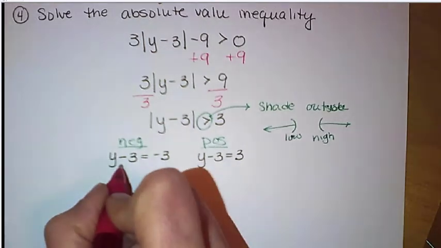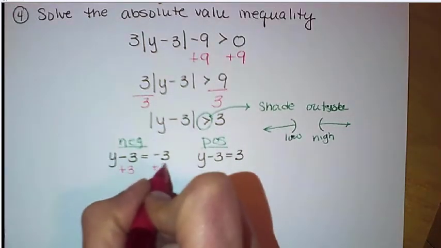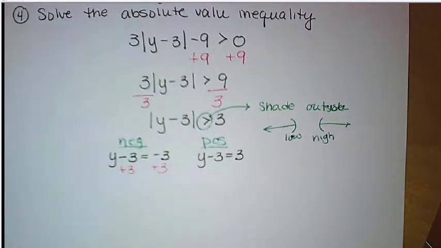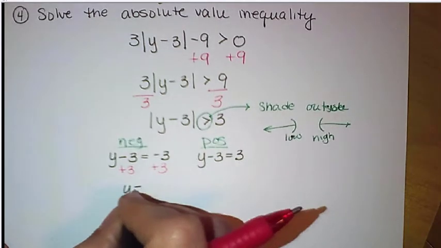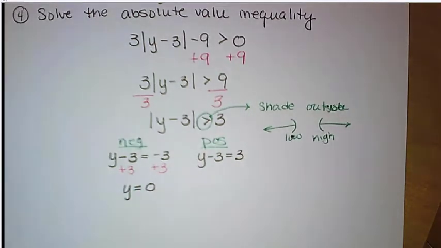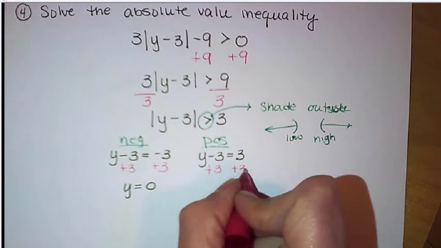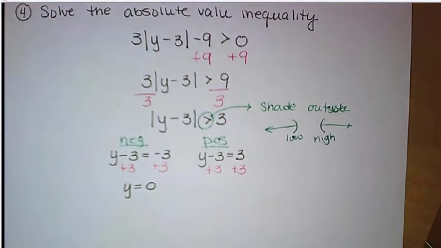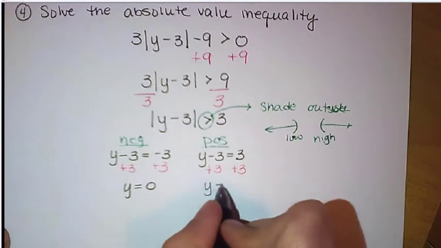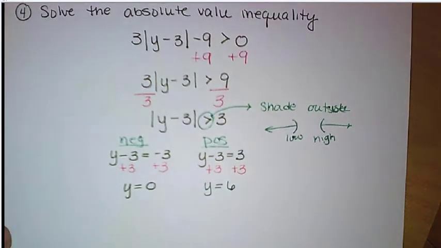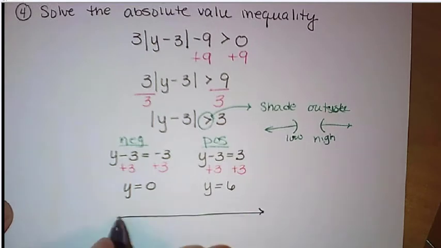Here we're going to add 3 to both sides. So we're going to end up with y equal to 0. Again, we're going to add 3 to both sides. So our high is going to be y equals 6. Again, I like to do this from a graph. I just think it makes it so much easier when we look at these on graphs.